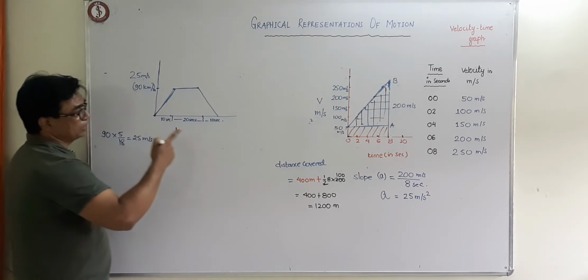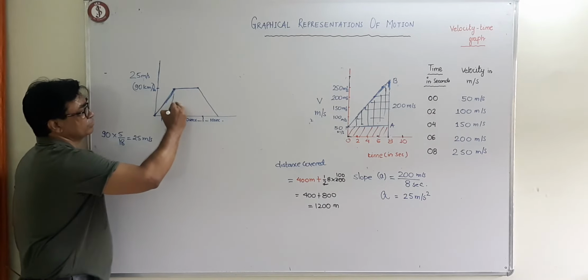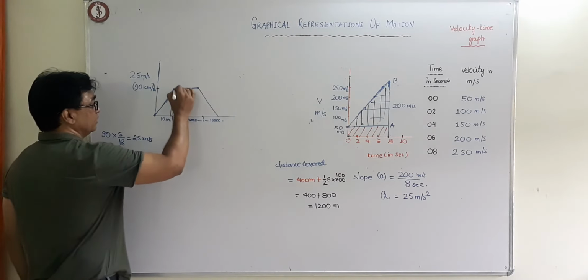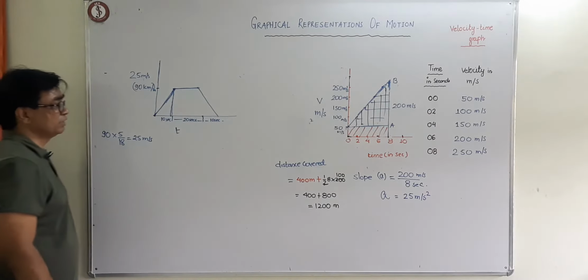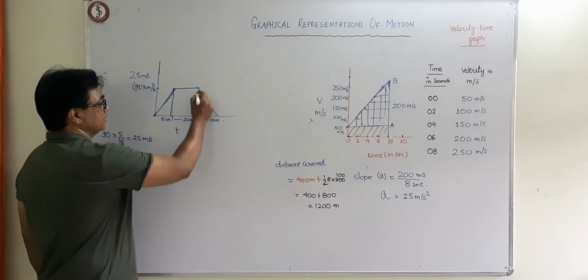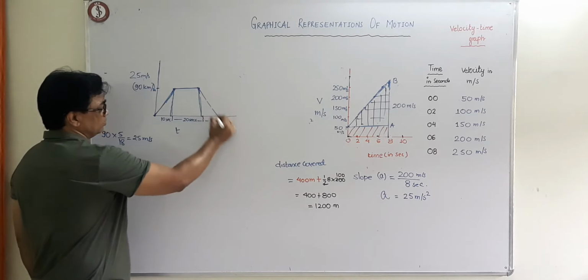In a velocity time graph, a straight line means uniform acceleration. So it accelerated uniformly for the first 10 seconds. Then you see it is parallel to the time axis. That means it traveled with zero acceleration for 20 seconds, and then brakes were applied and after 10 seconds it came to rest.